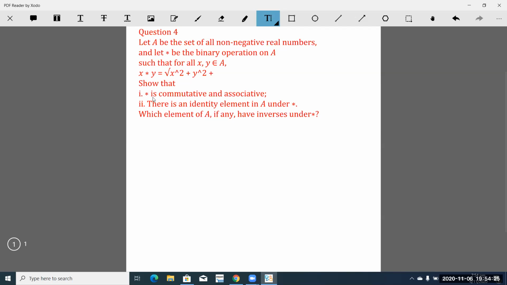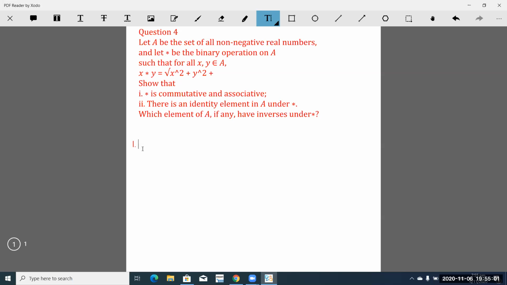So how are we going to show if star is commutative? We're going to show commutativity. What's commutativity? That's when no matter the order that you put the numbers in the operation, you'll still get the same answer.